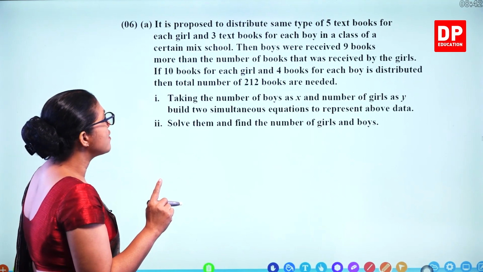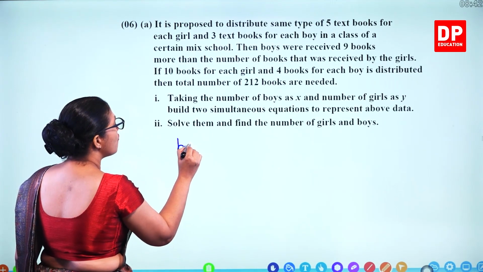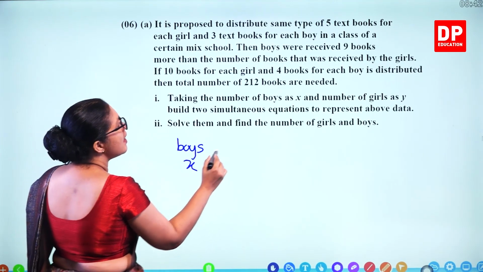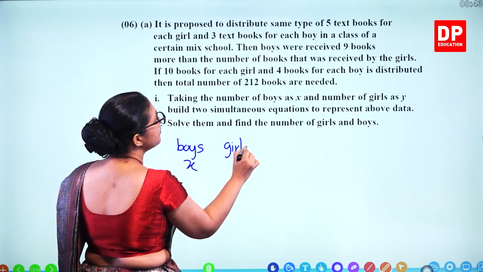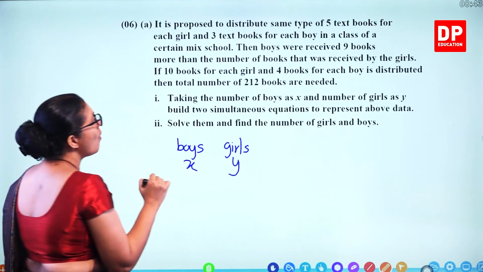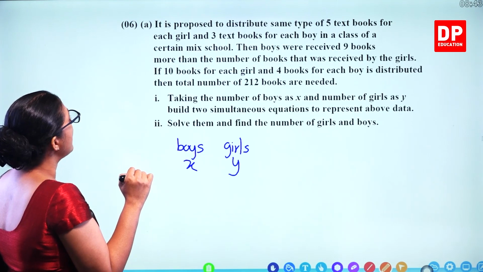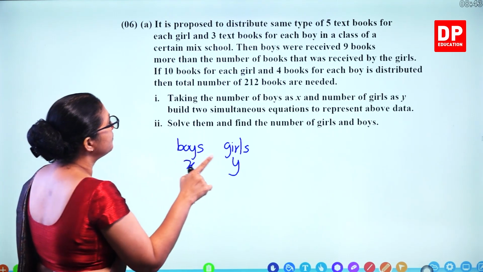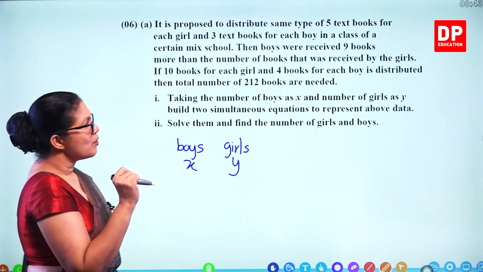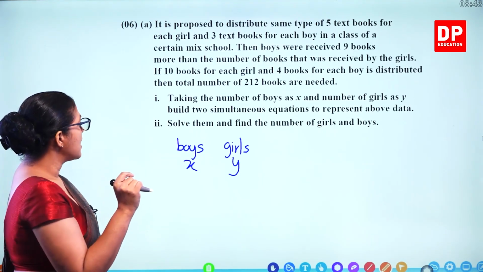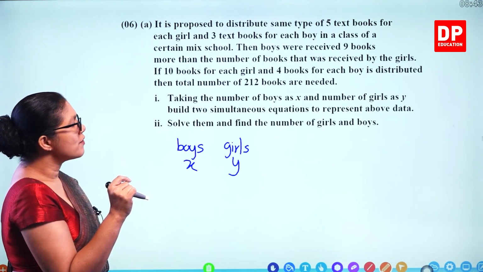Taking the number of boys as x, number of girls y, form two simultaneous equations to represent the above data and solve them and find the number of girls and boys.